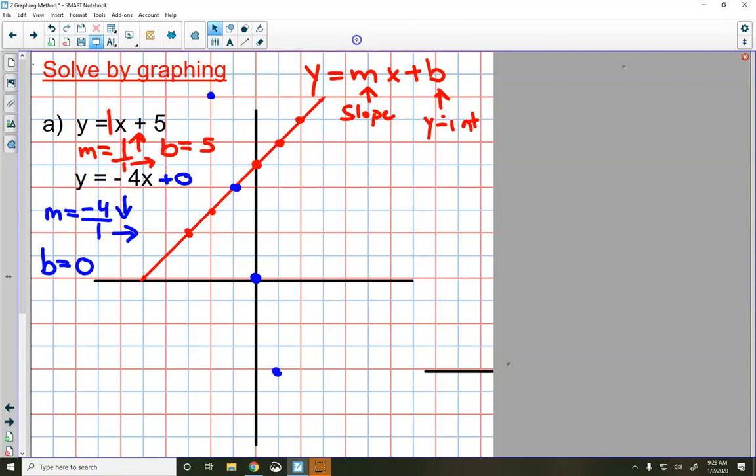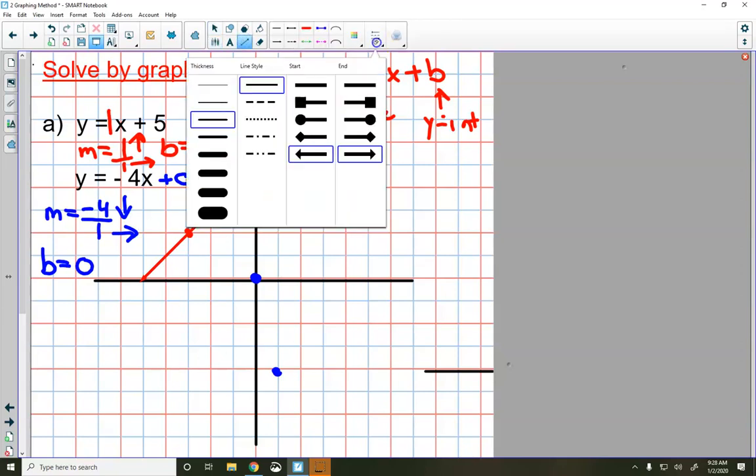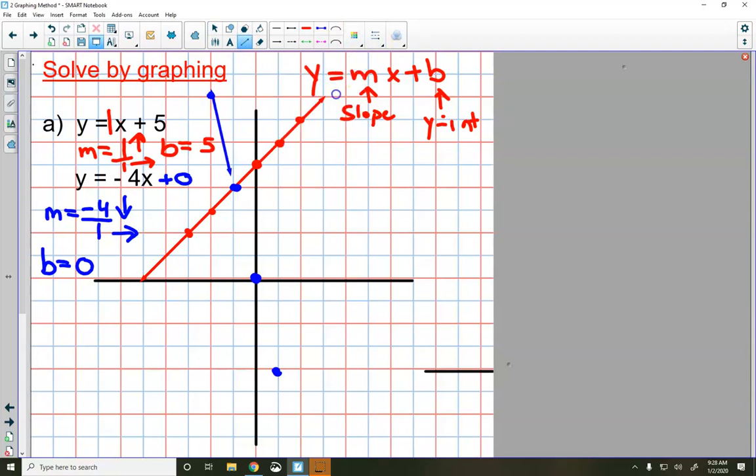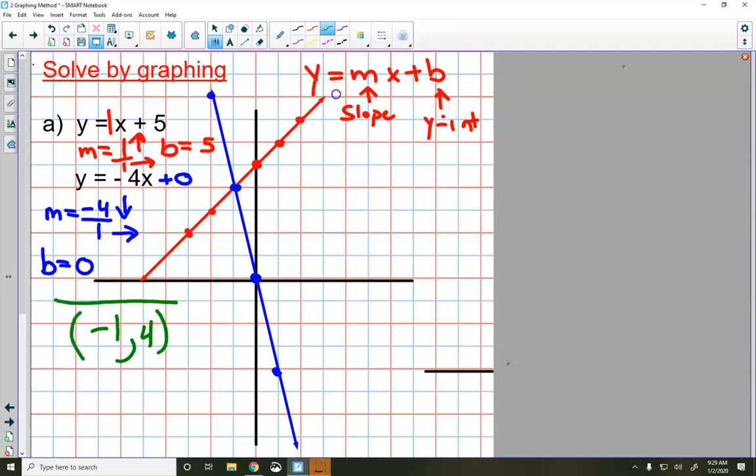And now I have my new line. And I can see that those two lines are intersecting at the coordinate point of negative 1, 4. And this is my answer.